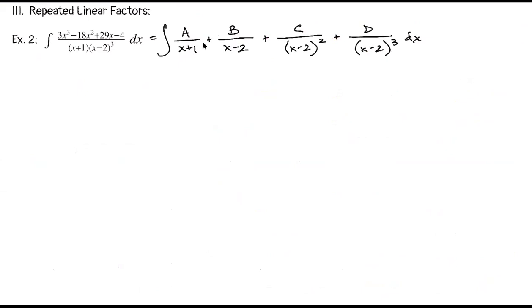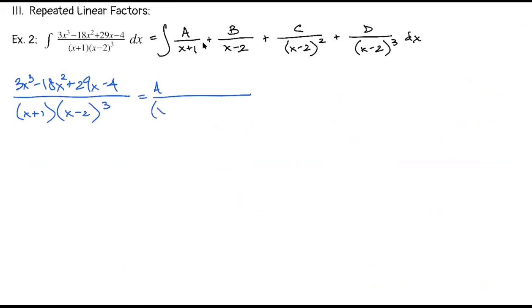So the long way would be to write out your numerator and your denominator. Okay. And then set up your 4 fractions in this case and fill in the numerator and the denominator. So with the A times x plus 1, or A over x plus 1, I'm going to need x minus 2, and I'm going to need 3 of them.